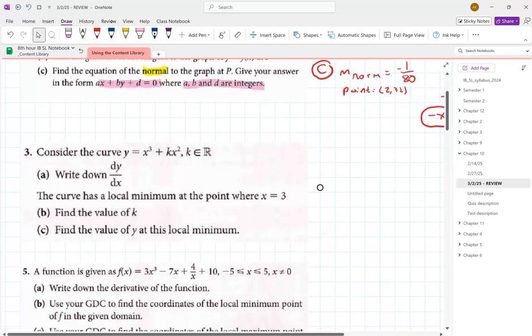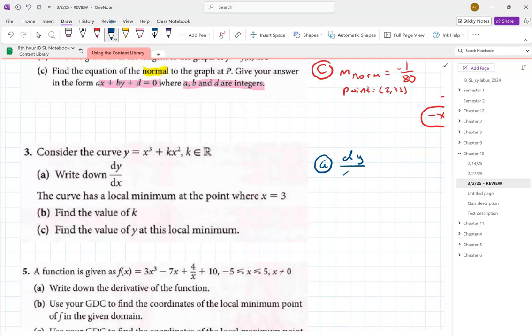Consider the curve y equals and so on. Write down dy/dx. What does dy/dx mean? That just means do the derivative. So what is the derivative here? 2x squared. Not 2x squared. 3x squared, oh yeah, plus 2kx.